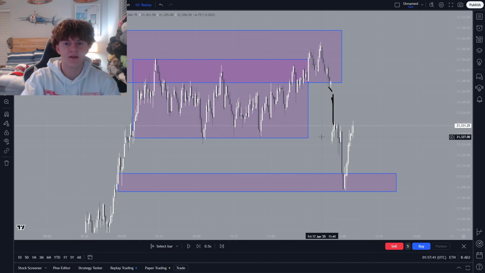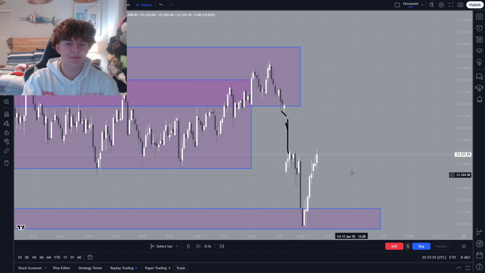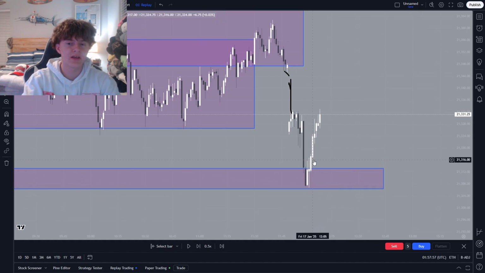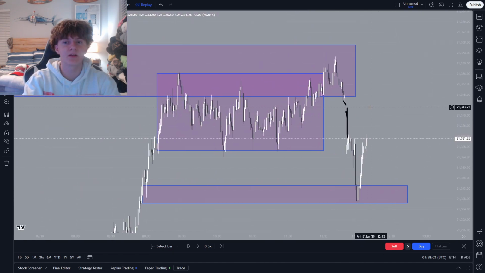Say if they played this low right here, then they were playing calls or longs here, they got stopped out. Once everything gets stopped out, that liquidity has to go somewhere. So when we got stopped out to this fair value gap, we saw three big bullish candles, which could be a sign to enter, because after we see our manipulation, we see our distribution to whatever side is opposite of what we manipulated to.